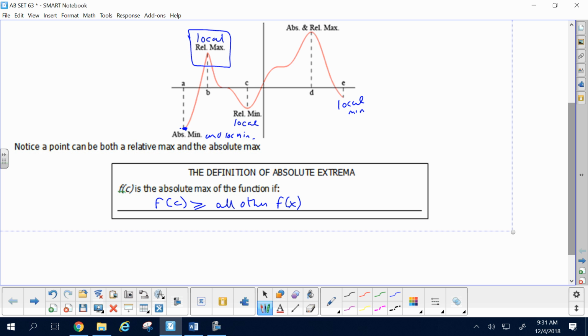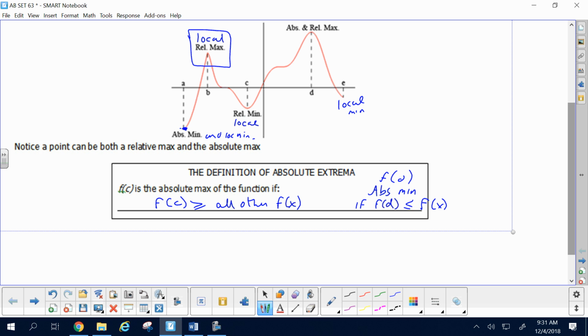And obviously, by the same thought process, f at d is an absolute min if f at d is less than or equal to all other y values. You follow?